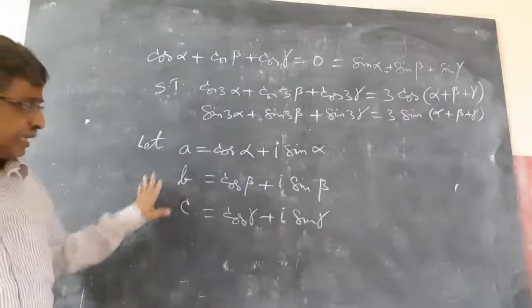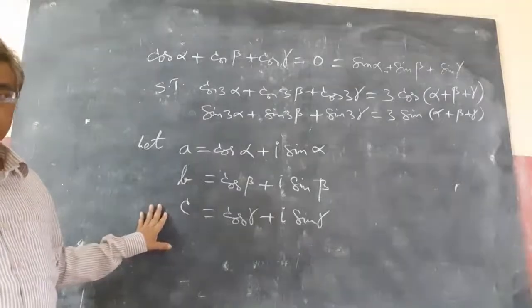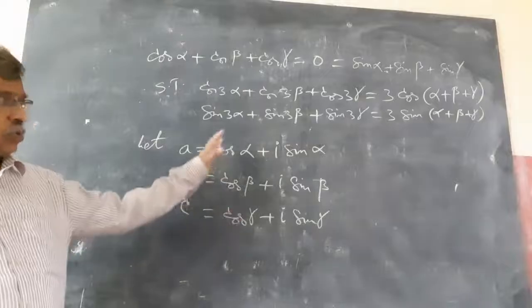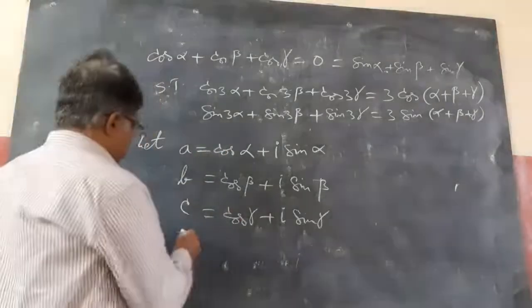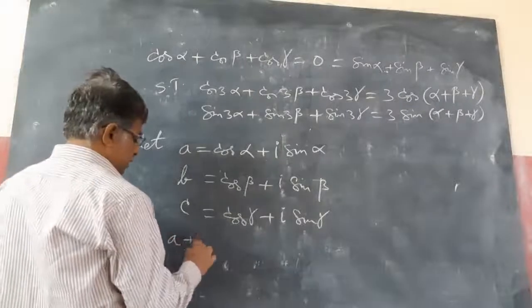I am assuming 3 complex numbers like this in polar form whose modulus is 1. Now, I am going to find A plus B plus C.